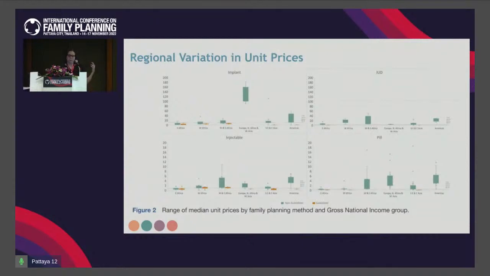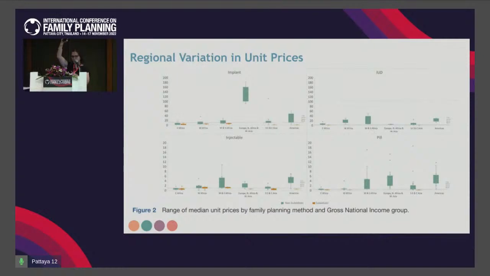So this is a graph from that paper looking at the variation in price across 4 methods. So implants and IUDs on top and injectables and pills on the bottom. The green represents the non-subsidized prices and the orange represents the subsidized prices. I won't go into a whole lot of details here, but just note that we saw both a wide range within regions.